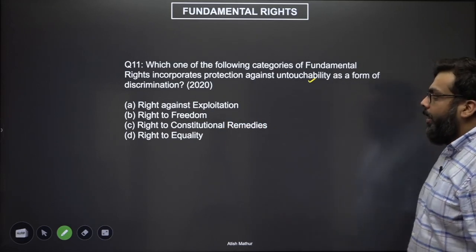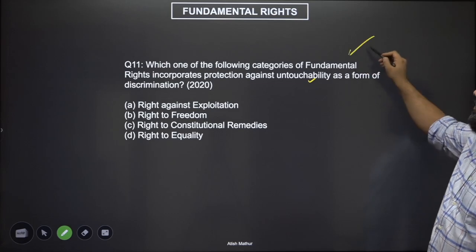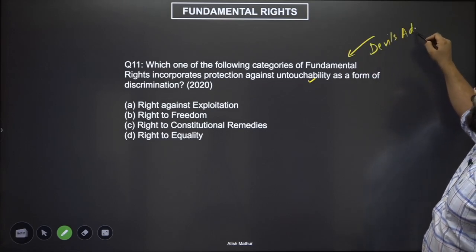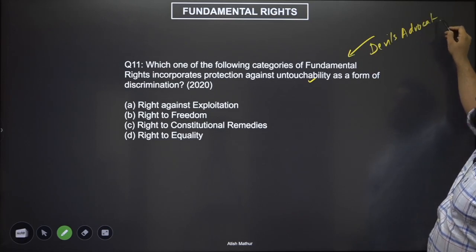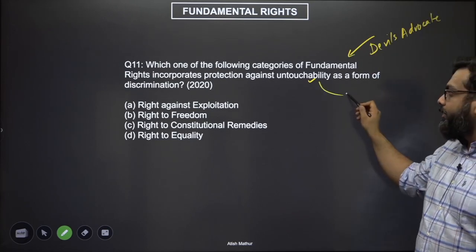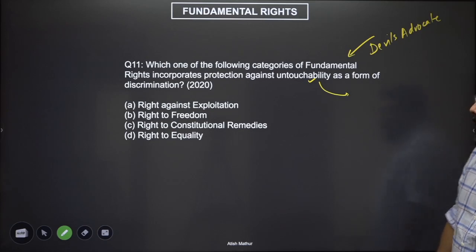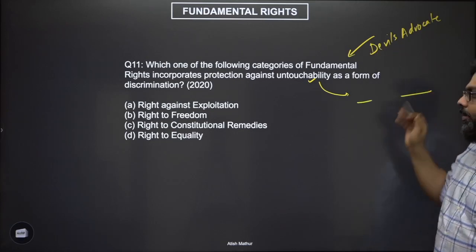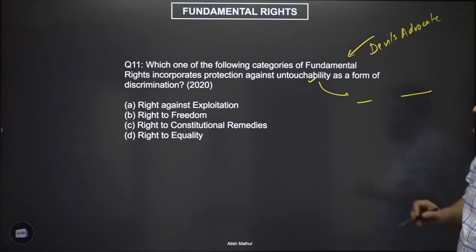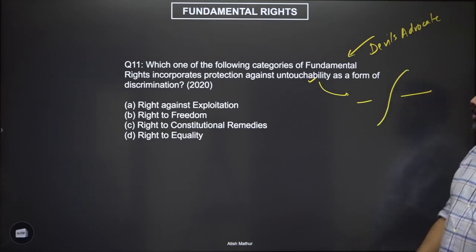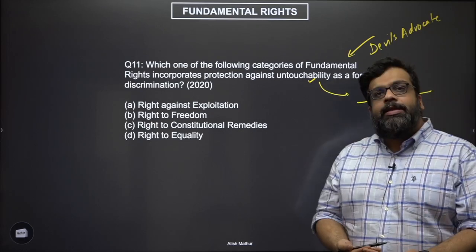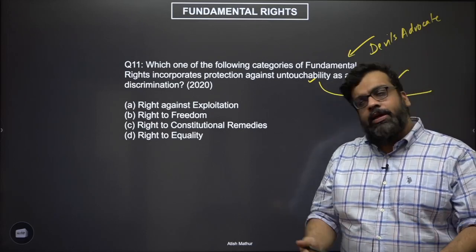Now, you have to solve this question by a simple devil's advocate theory. Argue the opposite. What is untouchability? Untouchability is treating two sets of people differently. This is a social discrimination largely based on caste.